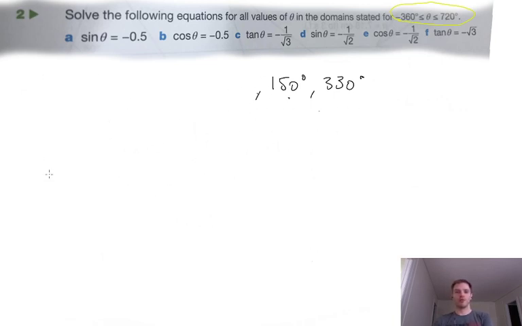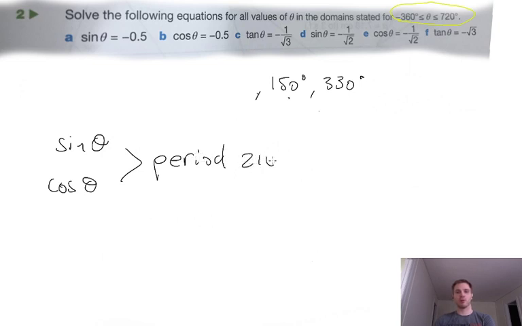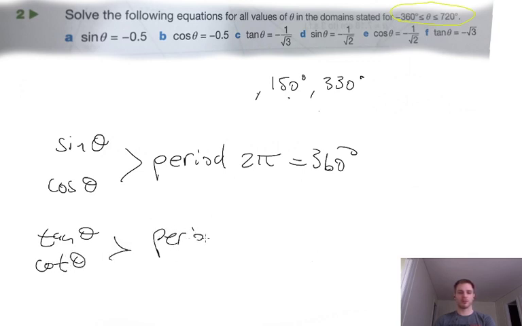So sine and cosine have periods of 2 pi, or 360 degrees. Tangent and cotangent have periods of 1 pi, which is equal to 180 degrees.